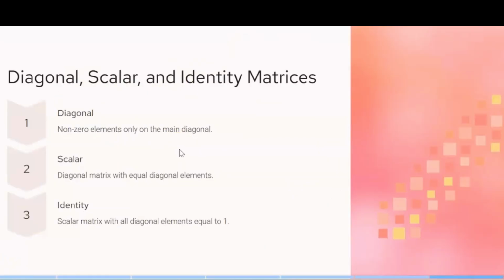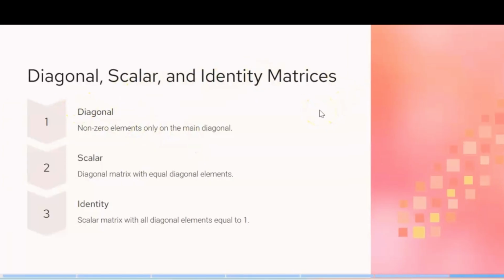The next category of matrices are diagonal, scalar, and identity. Basically they are related to diagonals. The first type in this category is the diagonal matrix, and it says that non-zero elements are available on the main diagonal. When you take a diagonal matrix of order 3 by 3, you will see the diagonal elements only: first element from the first row, second element from the second row, third element from the third row.